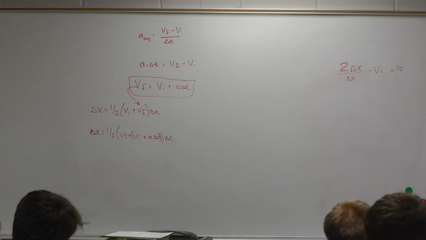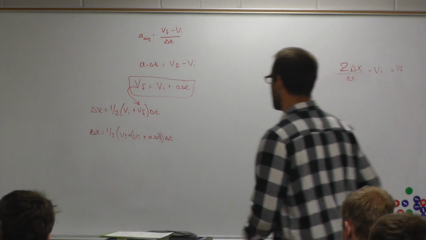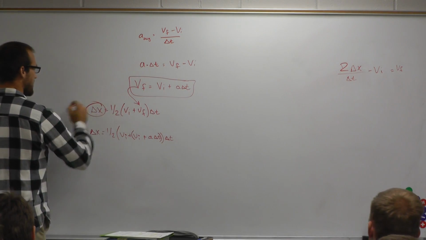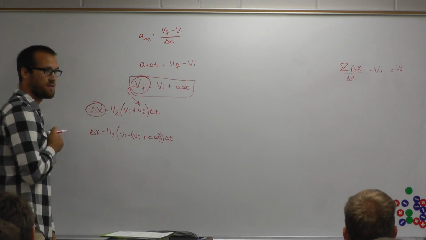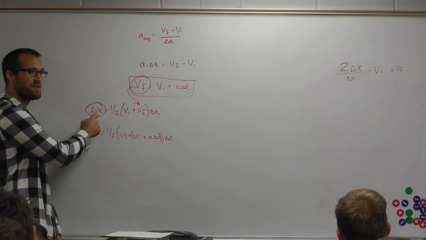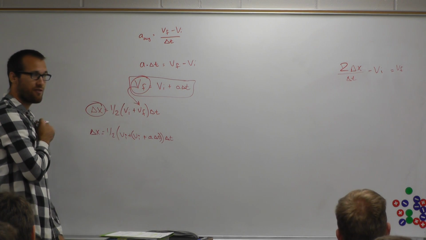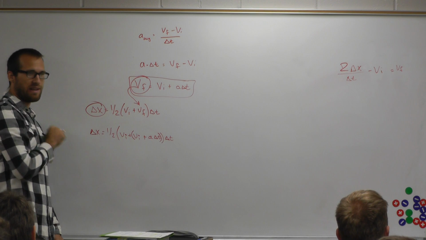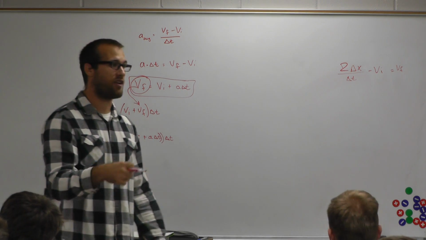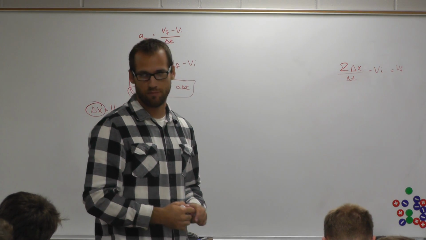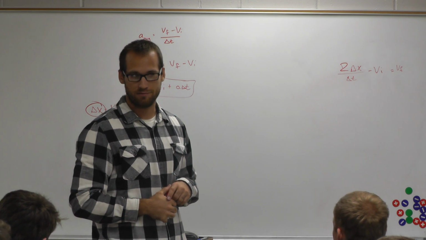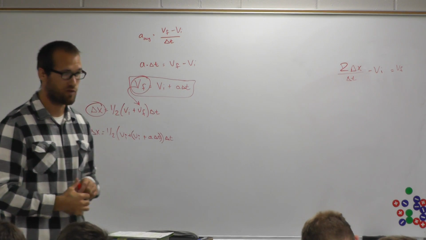A problem like this would be: I don't know what this is, and I don't know what this is, but I want to solve for this. That means I've got to get rid of the VF, right? So you need as many equations as you have unknowns. The more unknowns you have, the more difficult it becomes, because you have to substitute a couple times if you need to.